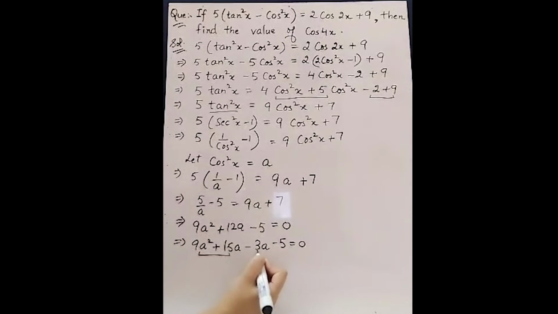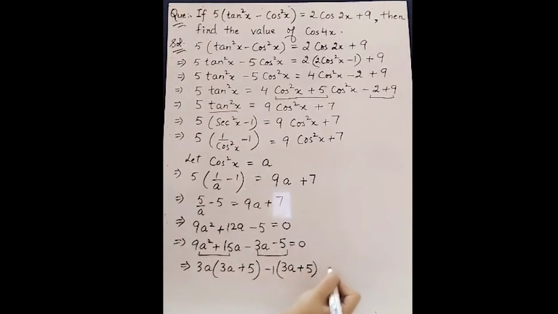Take the first two terms first and take the common part from here. Here 3A is common, and inside the bracket it will become 3A plus 5. From the other two terms, minus 1 is common, and you can see 3A plus 5 inside the bracket, which is equal to 0.